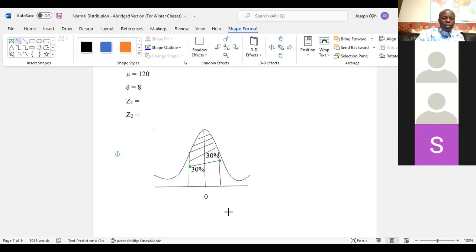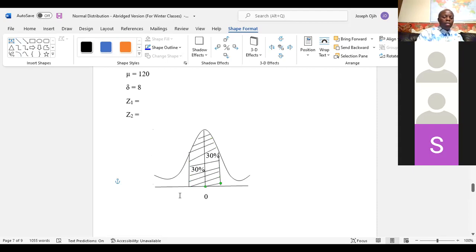This is the middle 30%, the middle 60%. Left side, 30 on both sides, making it 60. Okay. And the last line will be what I'm about to shade now.